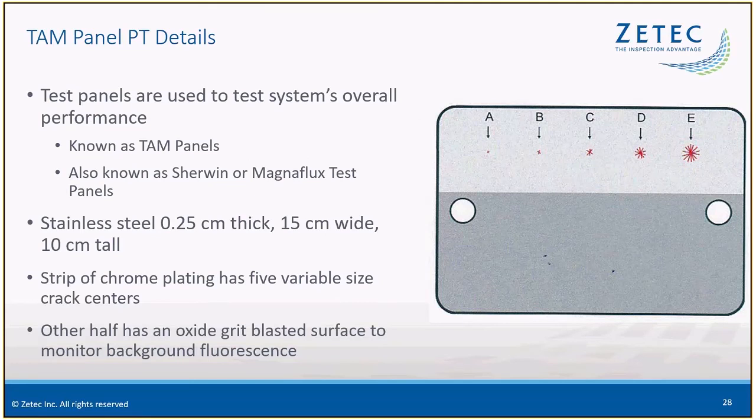In PT, there's what's called a Tam Panel, and this is how they essentially qualify the penetrant that they're going to use. Over here, you'll see 5 different crack sizes or crack patterns, from large down to small. They use this to see if the penetrant has degraded over time, if you're having problems resolving sizes you were able to resolve before, or if the penetrant itself has limitations.